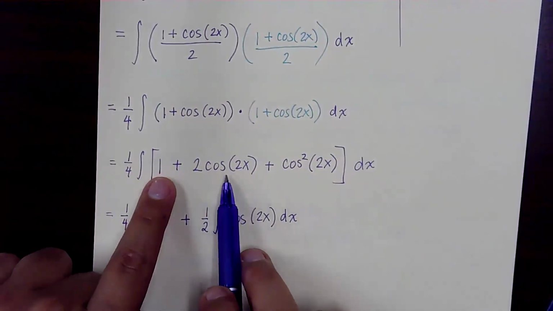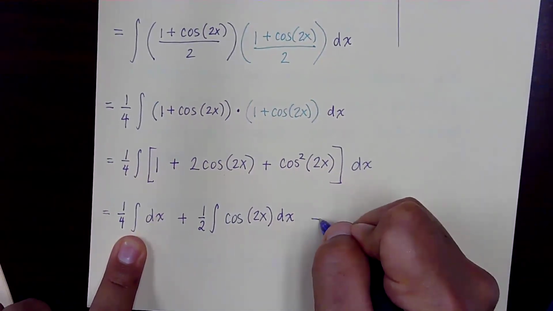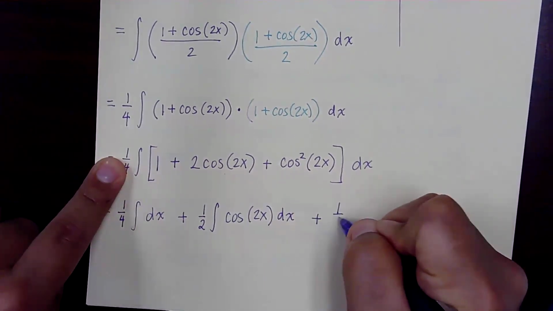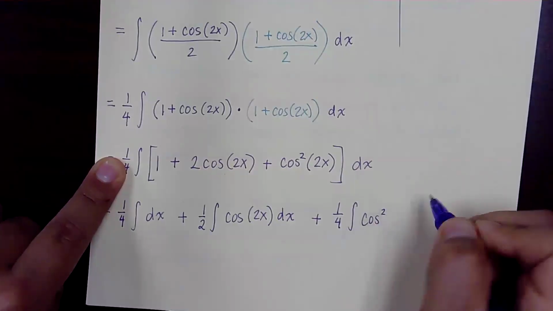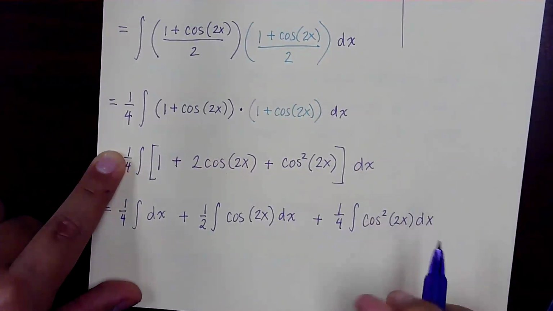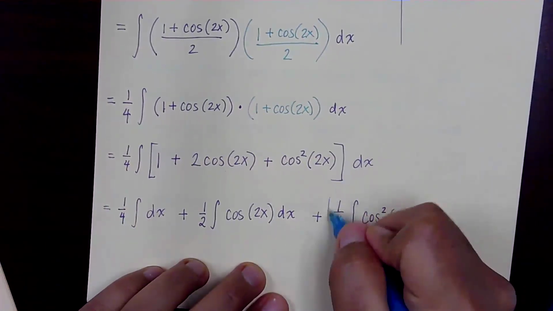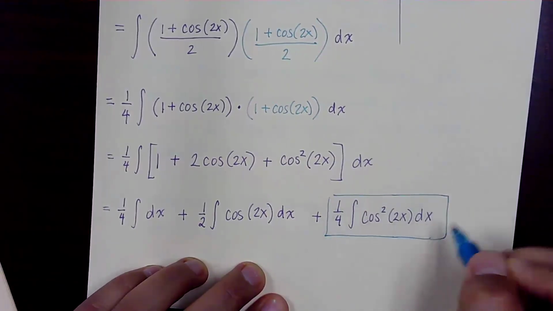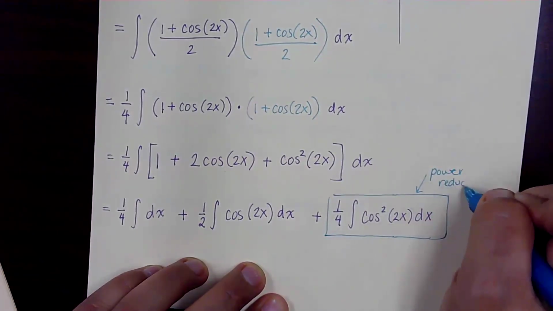So that's going to take care of these two guys. Plus, then we have a 1/4 times the integral of cosine squared of 2x dx. So these are 3 integrals, and this guy over here is going to need another round of power reduction, right?